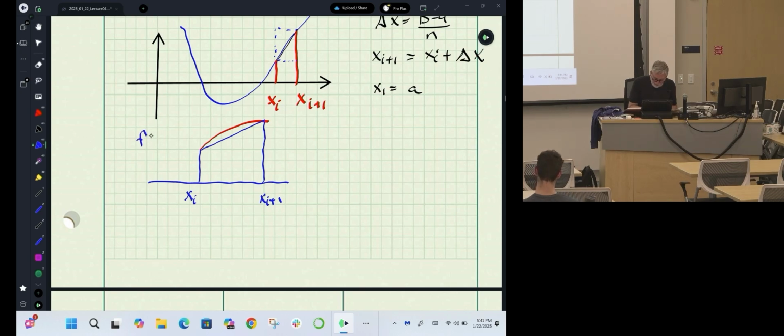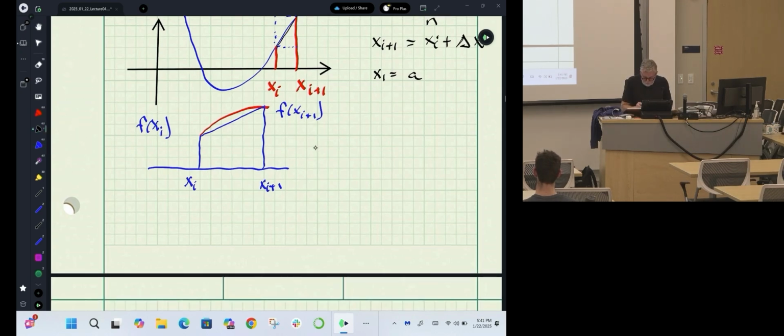And this point on the left is still f of x sub i, and this is still f of x sub i plus 1. I know my indexes don't sit at the level they should.